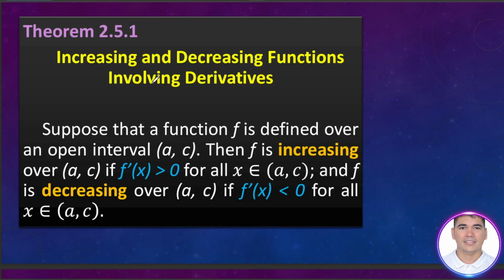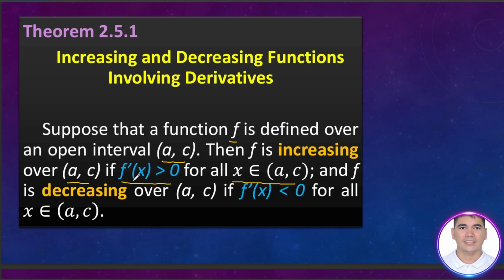This theorem talks about increasing and decreasing functions involving derivatives. According to the theorem, suppose that a function f is defined over an open interval. The open interval here is AC, not AB. Then f is increasing over the open interval AC if the derivative f prime of x is greater than 0 for all x in the open interval AC.